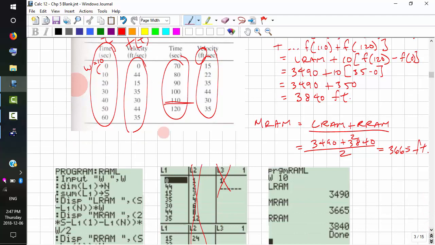Okay, taking a look at the table, we have 13 values. That means we have 12 partitions. So we always have one less partition than the number of values. N equals 12.